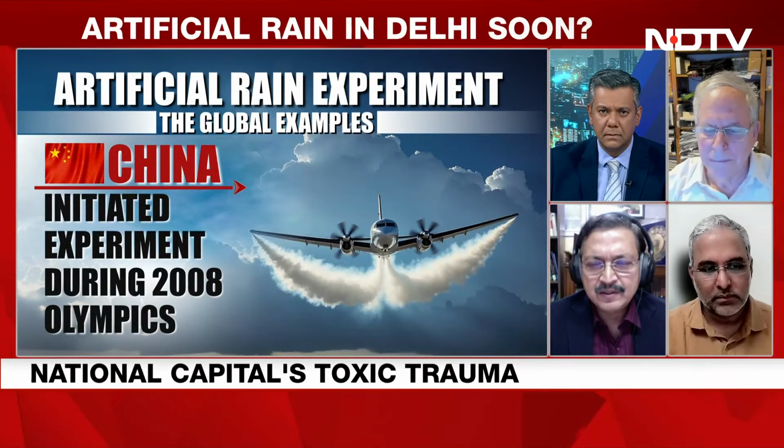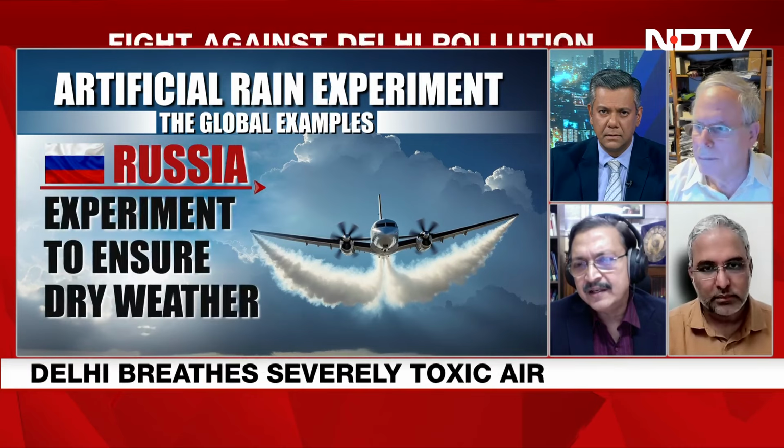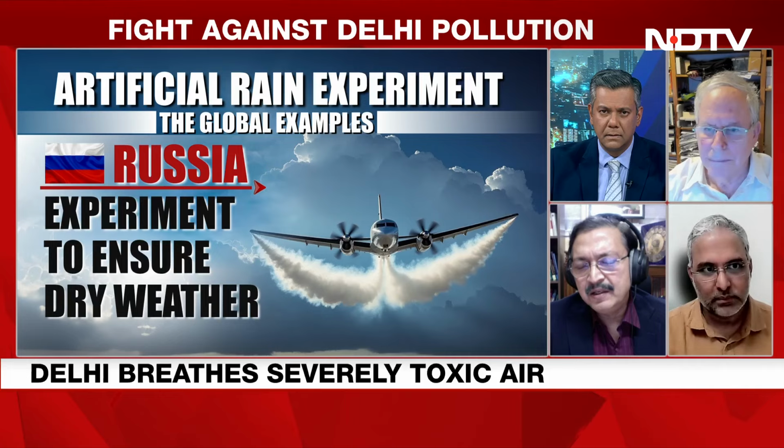And the second was conducted last year, when our Cessna aircraft at IIT Kanpur, possibly the only aircraft in India instrumented with cloud seeding equipment, was used. That successful trial happened last year, just about monsoon time.